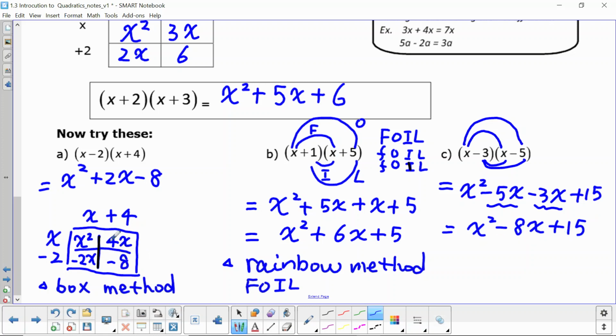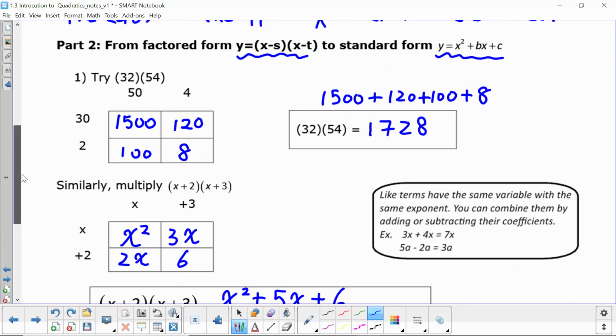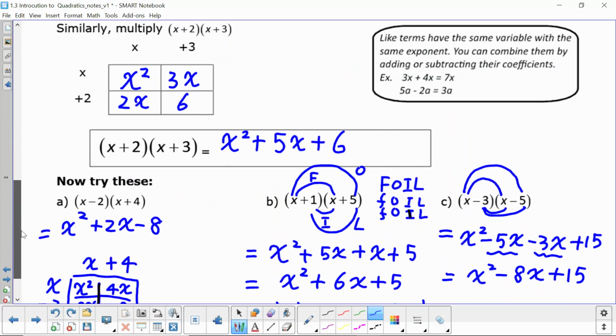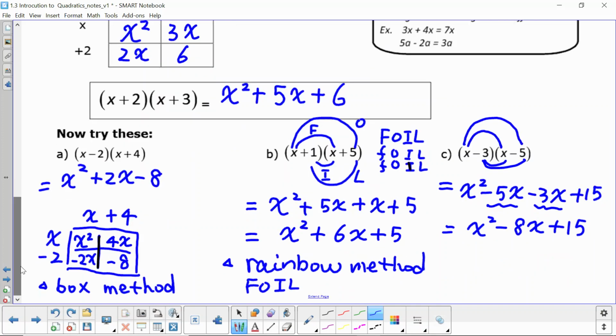If you use the box method and you got the same answer, then you got it right. So no worries which method you are going to use. So in this part, we learned how to multiply two terms times two terms. You could use the box method and collect the like terms, or you can use FOIL: first first, outside outside, inside inside, last last.